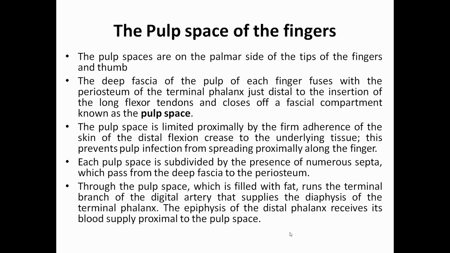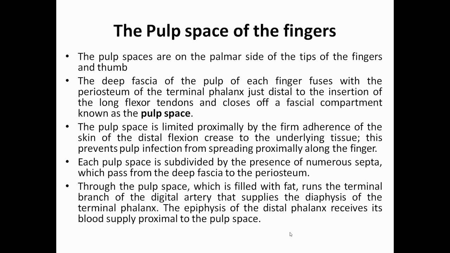The pulp space is limited proximally by the firm adherence of the skin of the distal flexion crease to the underlying tissue. This prevents pulp infection from spreading proximally along the finger. Each pulp space is subdivided by numerous septa, which pass from the deep fascia to the periosteum.